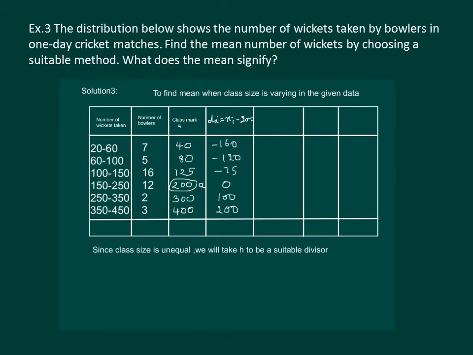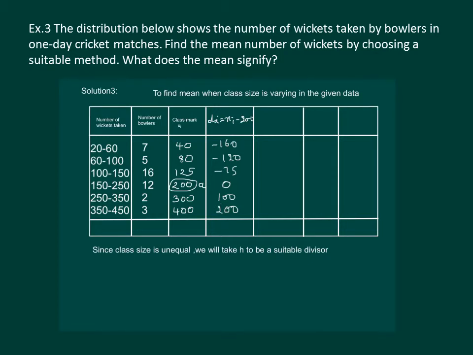Now since the class sizes are unequal, and to apply the step deviation method we need h, which is the class size, we will take h to be a suitable divisor depending on the di's that we have.